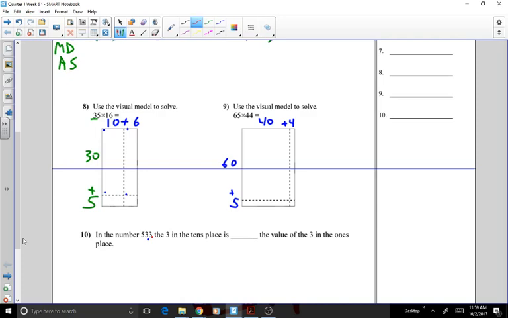The 3, the blue, the tens place, is going to be larger than the 3 in the red. That means it's going to be an X. You're getting bigger. You're multiplying. How many times bigger? 10. Who thinks it's 10? Thumbs up. Yeah, it's 1 space over. It's 10. If it was smaller, it would be 1/10. But it's larger. It's 10 times.